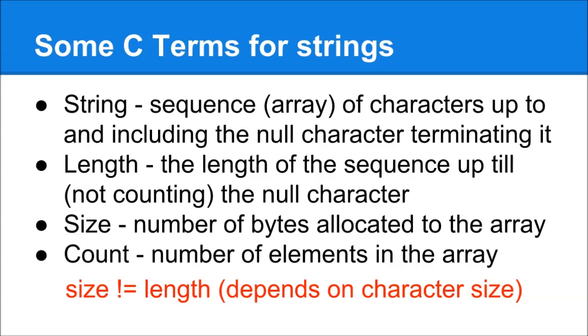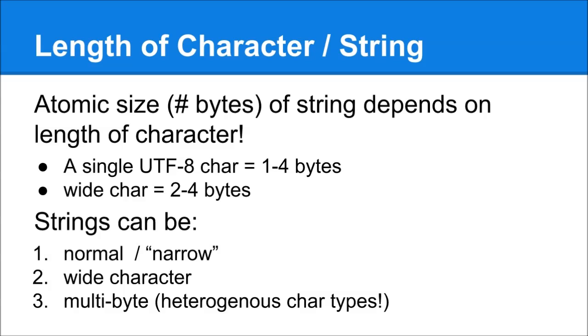And so the count is also basically the number of elements in the array. So the atomic size of a string really depends on the length of the character. A UTF-8 character can range from 1 to 4 bytes depending on the system you use, and a wide character can be between 2 to 4 bytes depending on the system you use. Strings can be narrow, and narrow is typically the normal character size, 1 byte.